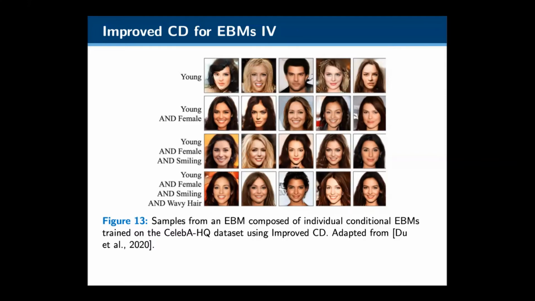So what they actually did here is they trained 4 conditionally independent energy-based models, conditioning on attributes of the faces, such as young, female, smiling, and wavy hair. And what you can see is that when you compose these conditional energy-based models, we get this AND behavior. So the top row is just young faces, the next row is young and female, the next is young and female and smiling, etc. And it works quite well. So I thought that's quite a nice example of this AND behavior that Stratis mentioned.